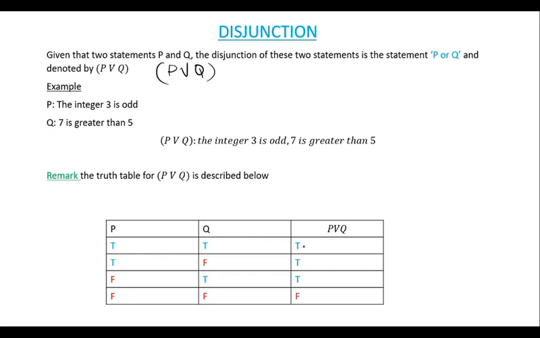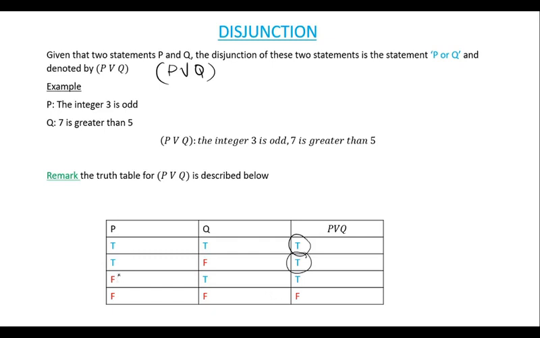But once both are false, the truth table is false. So if P is true and Q is true, we have a true statement. If P is true and Q is false, because we are using disjunction, that is true or false, once one of them is true, the final answer is true.